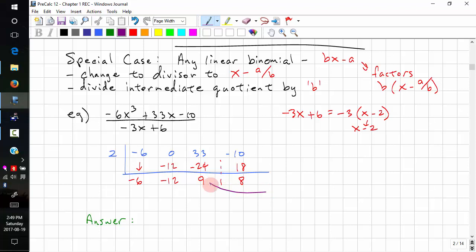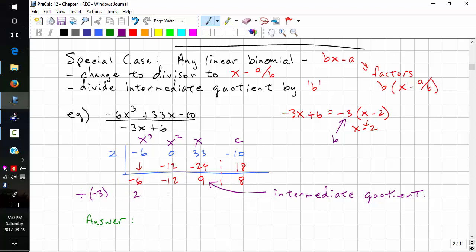Okay, this is our intermediate quotient. We need to divide this by negative 3 because we're dividing by b. This is our b. And let's just document this: x cubed, x squared, x, and our c term. So this is negative 6 divided by negative 3 is 2.